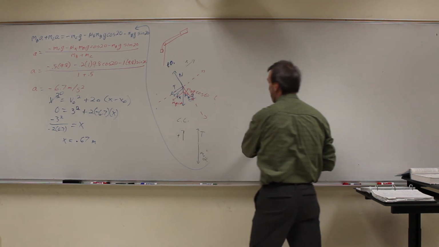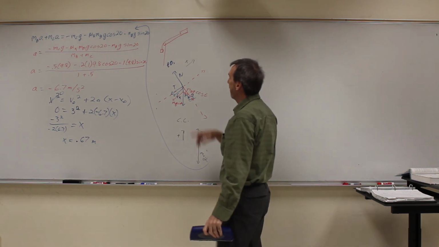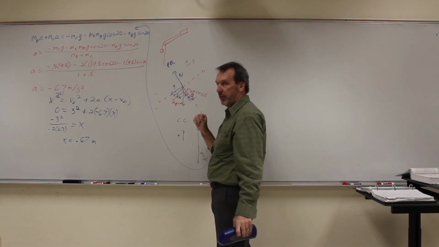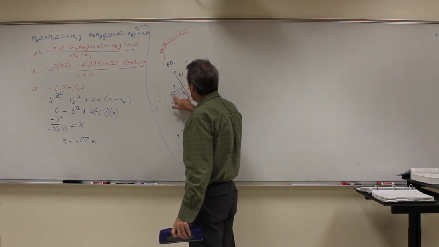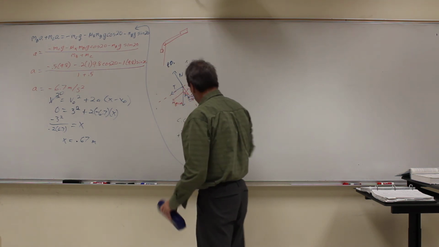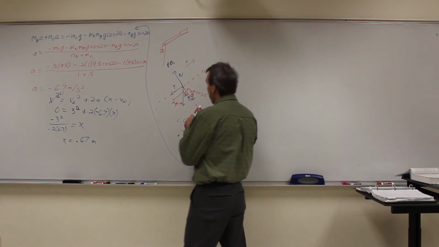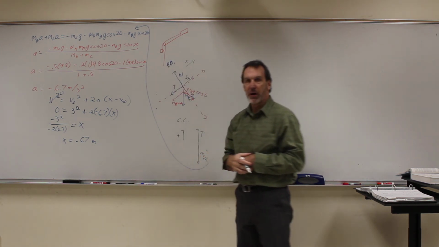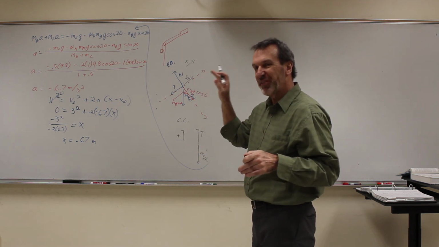So we're going to do a new free body diagram. What changes on this free body diagram for the physics book? Well, the normal force and gravity don't change. The only thing that changes is this. The friction force now goes the opposite direction.